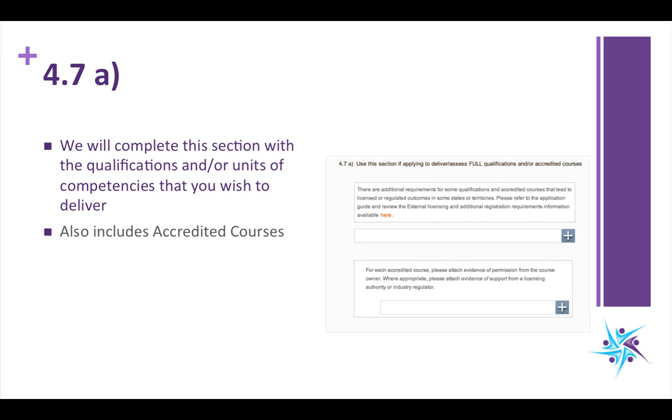But in actual fact, I would recommend maybe 2 qualifications. And this depends on the risk factor of the qualifications you're putting on your scope. Currently, childcare qualifications and aged care qualifications are high risk, and they're number 1 and 2 of the risk factors with RTOs. So if you're going to put childcare or aged care on your scope, I'd recommend that you don't put on a lot of other qualifications.